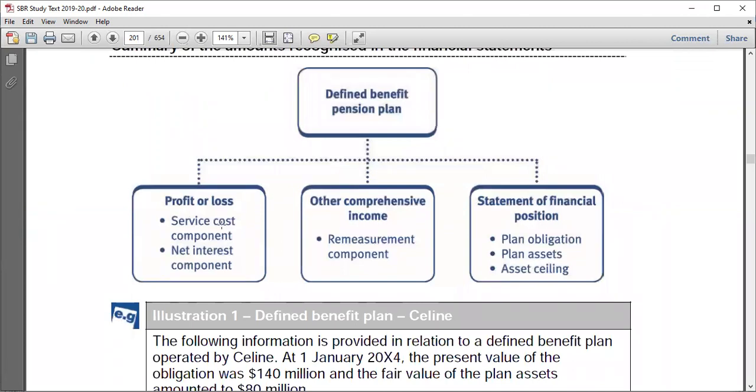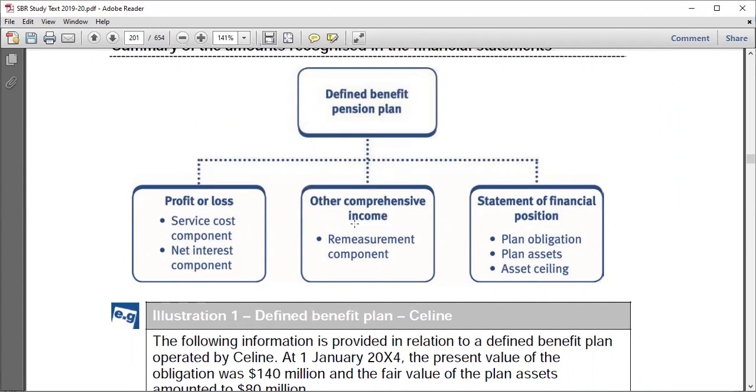For the service cost component, it goes to profit or loss. It comprises the current service cost, past service cost, which could also include curtailment, and also the settlement gain or loss, right? Then we have the net interest component. If it comes from a net plan asset, it would be income; a net plan liability would be an expense.